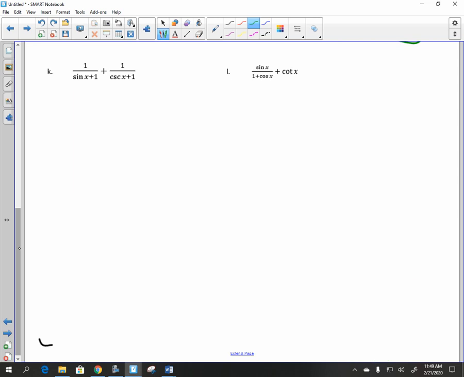And our last 2 examples. This is where it gets just a little bit trickier. We are going to create one fraction in both situations. Finding common denominators, working towards a fraction is an important step. I multiply top and bottom by sine of x plus 1 over sine of x plus 1. The other side I multiply by cosecant of x plus 1 over cosecant of x plus 1.